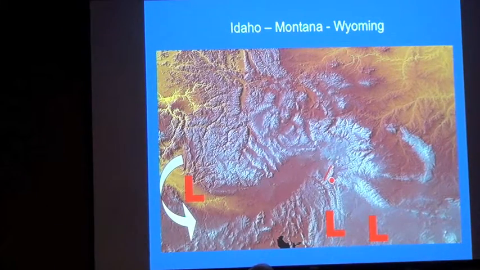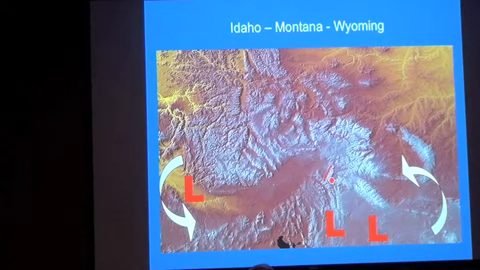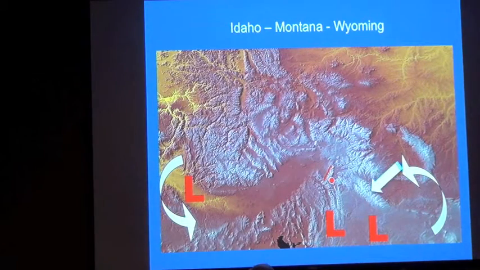Okay. So then that low continues to move further east, and once it starts to cross over where the Continental Divide is, then the circulation is coming from the east, coming up against the eastern side of the divide. That's when Lander gets most of their snow, as that low slides across the southern part of Wyoming. And that's what they call upslope flow against the east side of the divide.